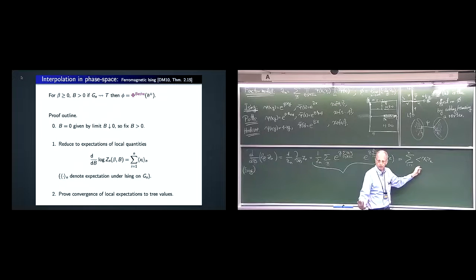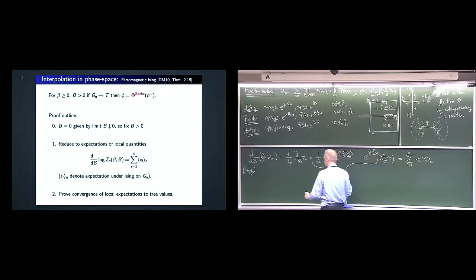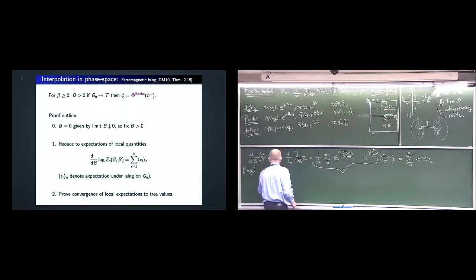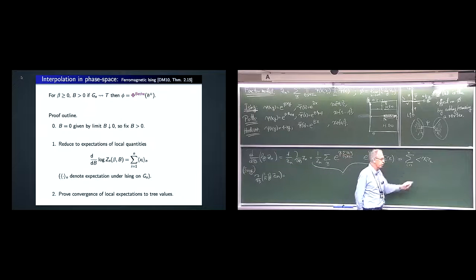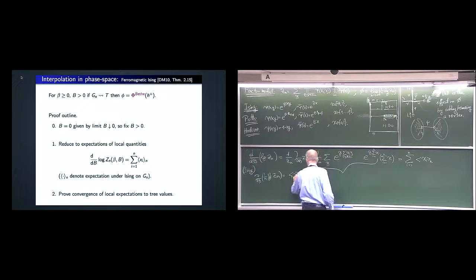It's not a piece of cake, but let's just write it like that. If this is true, then if you take 1 over n log Zn, the derivative with b, of course you get this expression divided by n, which I like to write differently as the expectation of x.